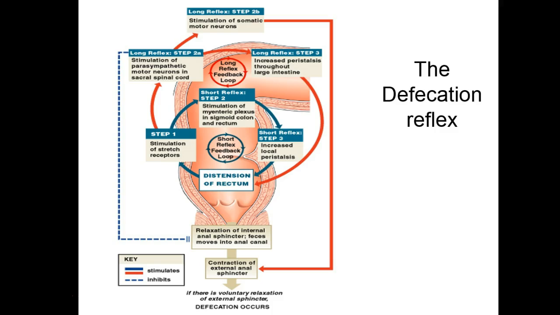It's going to stimulate the somatic motor neurons. So the somatic motor neurons, think about your skeletal muscle neurons, that neuromuscular junction of the skeletal muscles. That then increases the contraction of those muscles, so it's going to increase peristalsis throughout the entire large intestines.